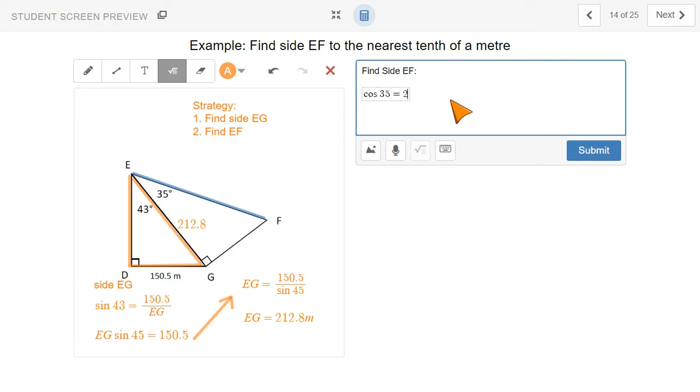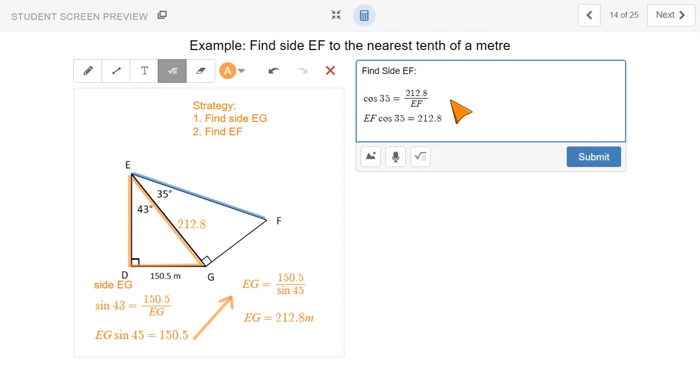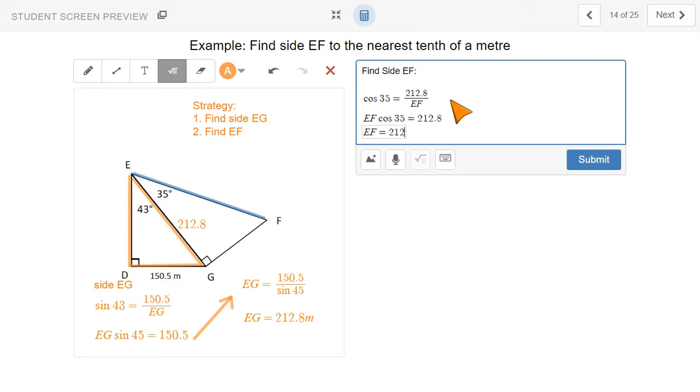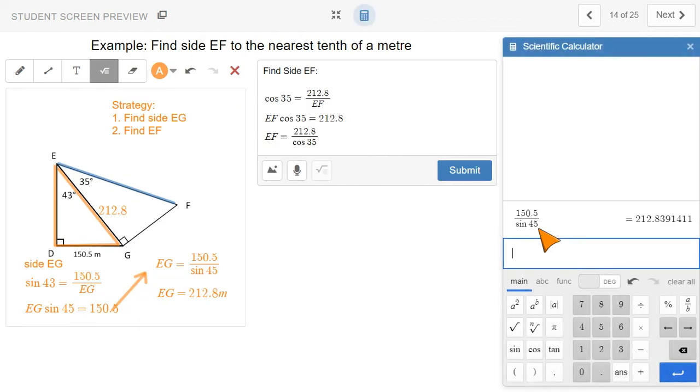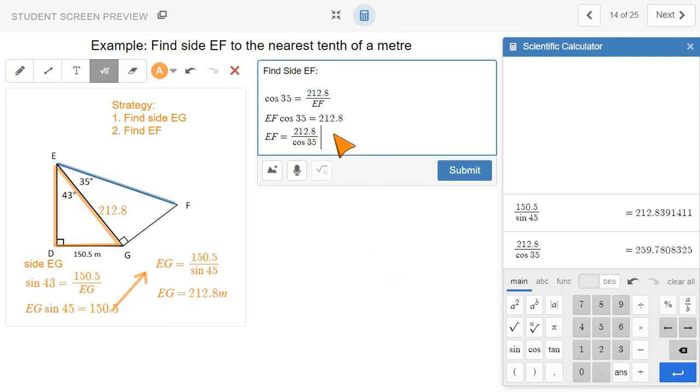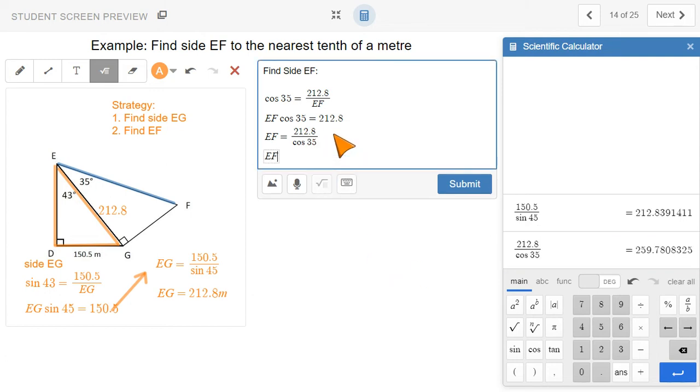Cosine 35 is equal to adjacent over hypotenuse. Let's cross multiply. And we're going to rearrange again. And put it all into our calculator. Finally, we have EF is equal to 259.8, and that's our rounded answer.